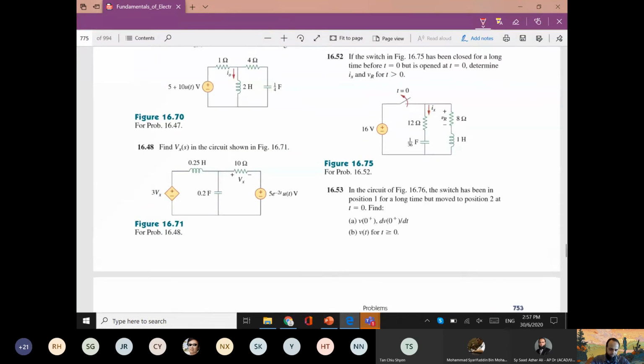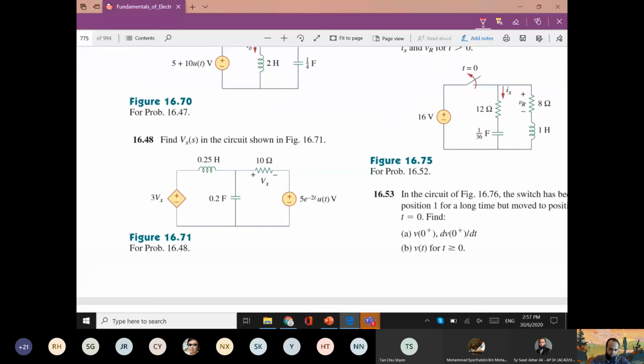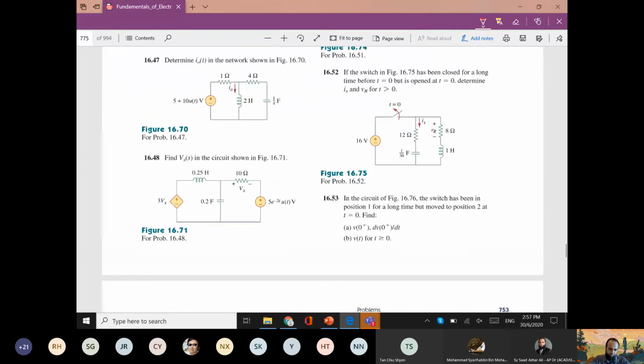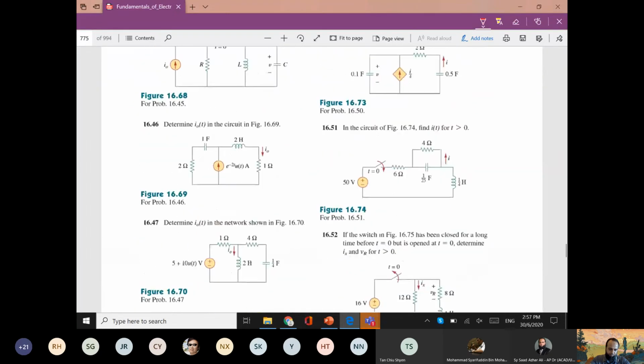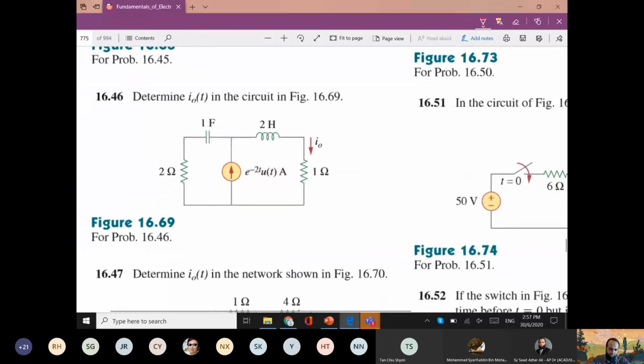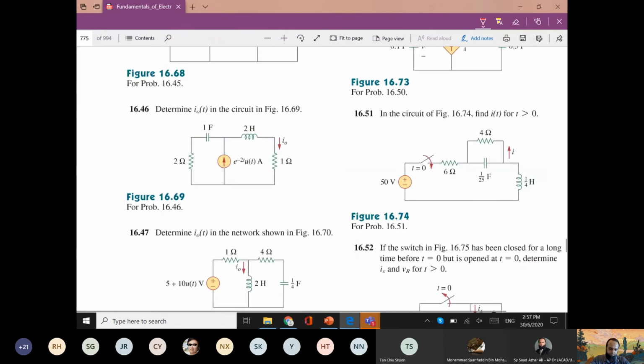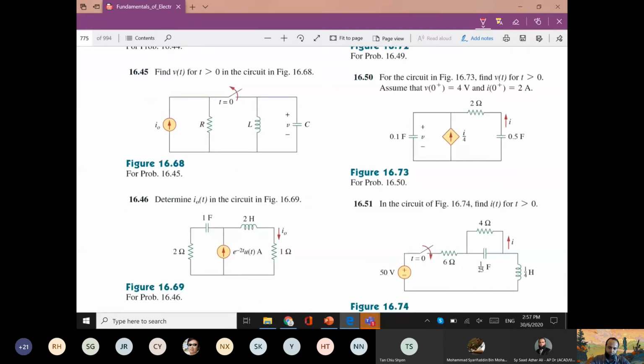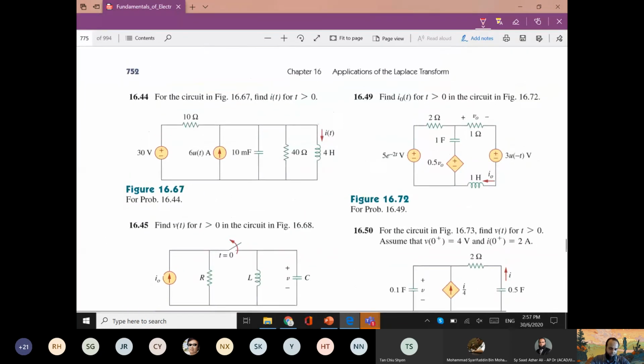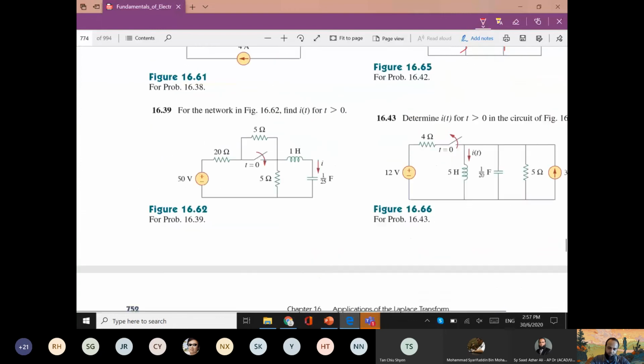Okay, let's take this one. Something without the value is better.